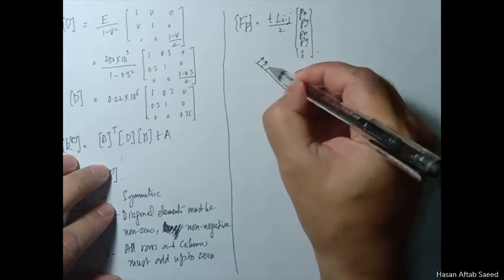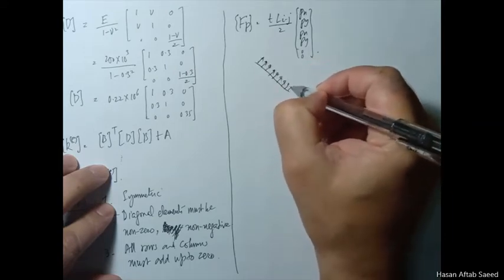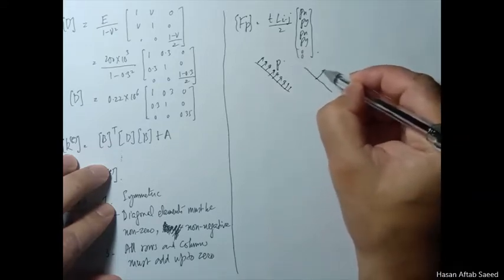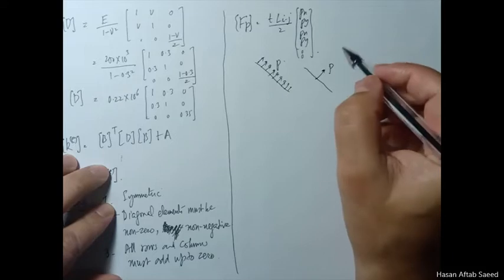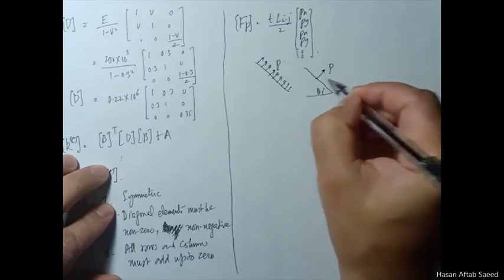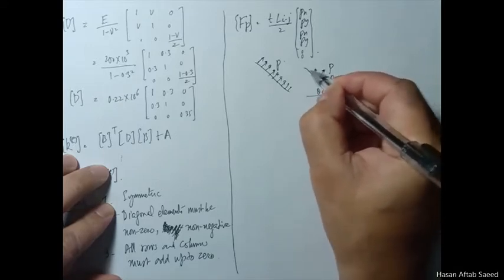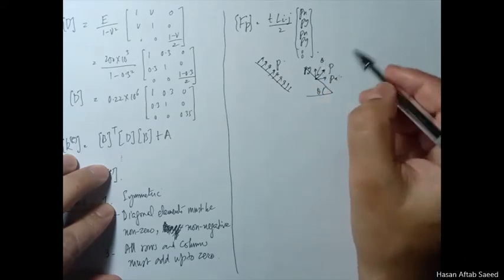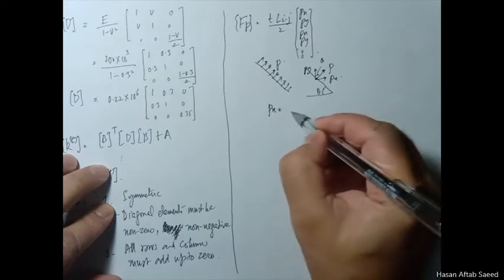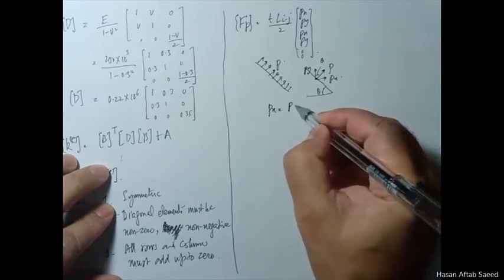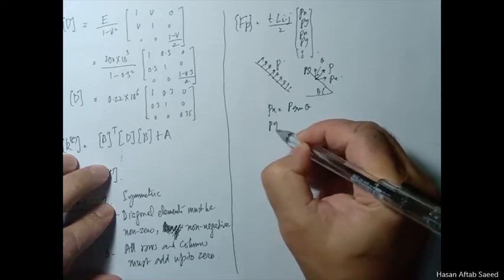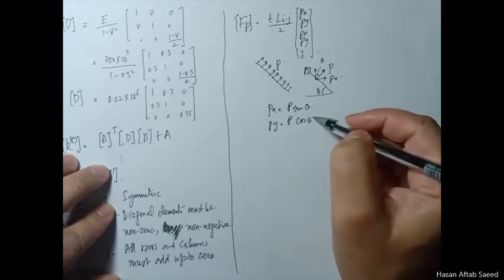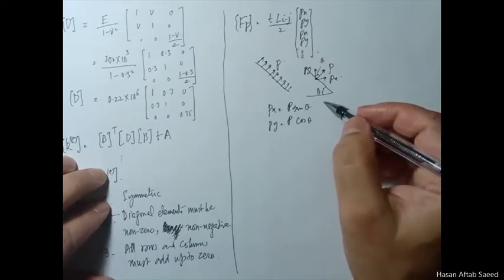This is the situation. This is the p. All you need to do is find out this px, x component, and py, y component. If theta is here, then this is also theta. So basically px is equal to p sine theta, and py is equal to p cos theta. Now what about the thetas?